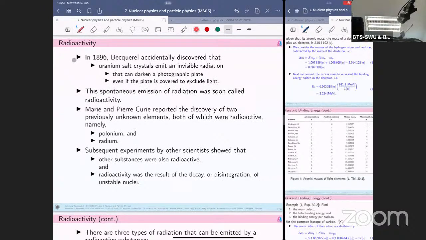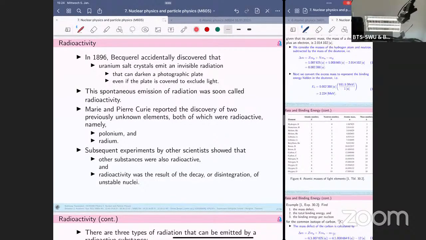In 1896, Becquerel accidentally discovered that uranium salt crystal emits radiation that can darken a photographic plate, even if the plate is covered to exclude the light.